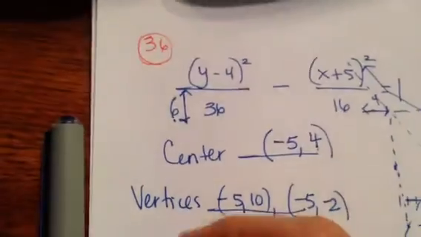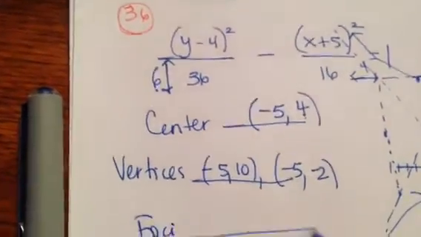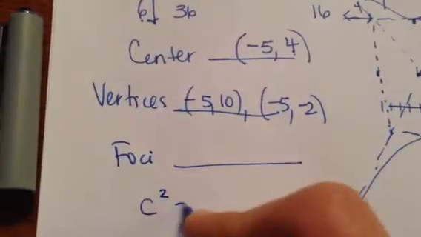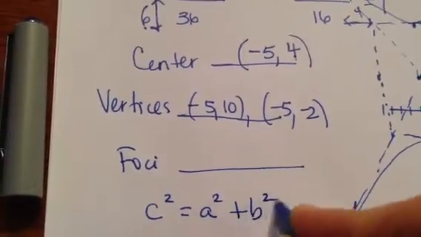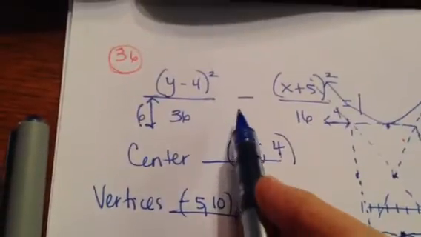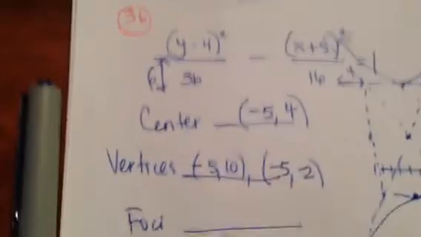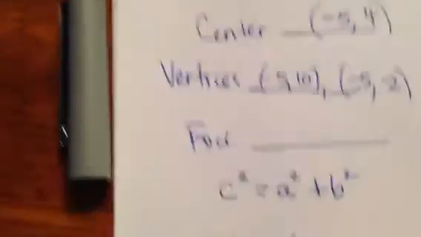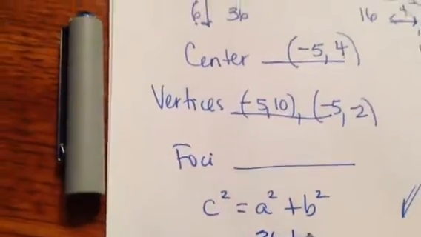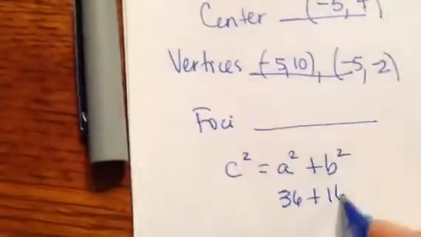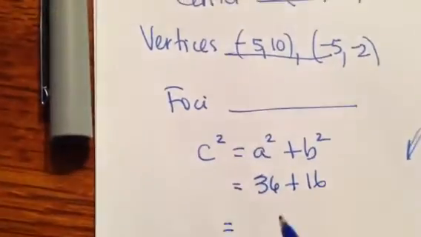Okay? Then you have to find your foci. You're going to use this lovely equation. Make sure you add on a hyperbola. It's the opposite of what that sign is right there. So just add these two together. 36 plus, what was that, 16? Yep. Sorry, trying to hurry before my time runs out.